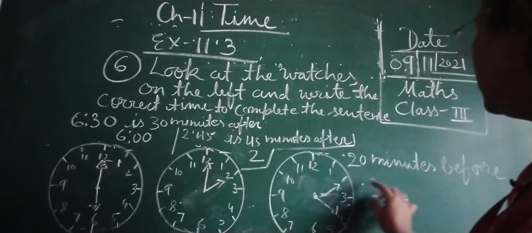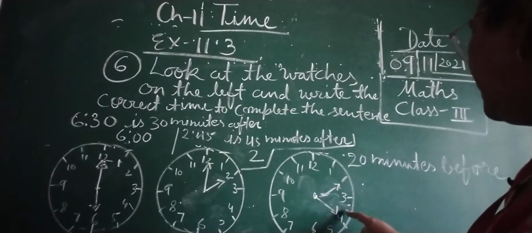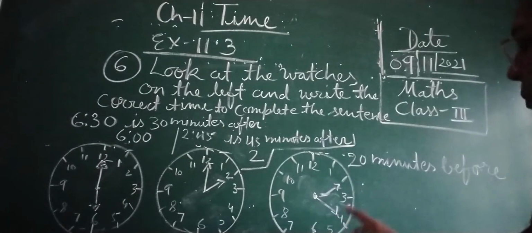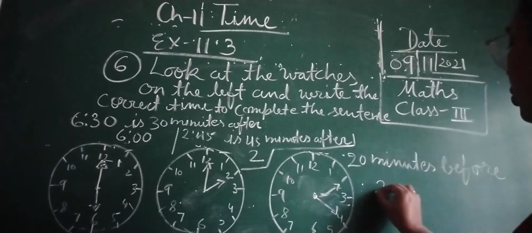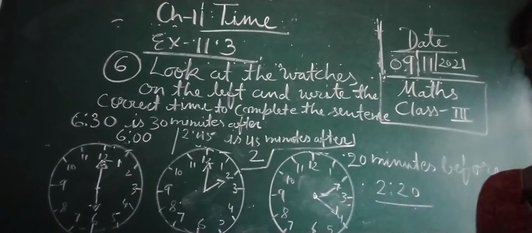So this is 20 minutes: 5, 10. 20 minutes before, it was 2:20. So we have completed this exercise, children.